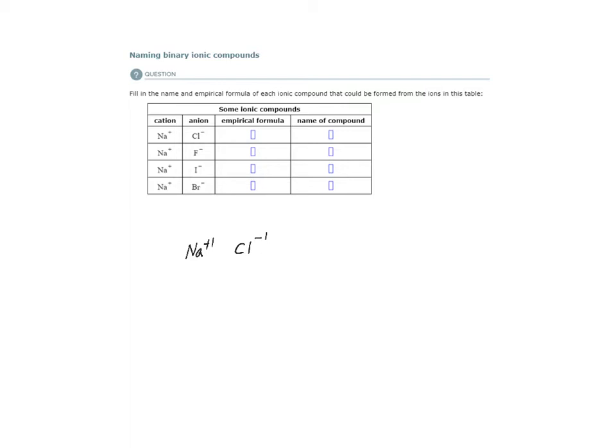If I want to get the empirical formula from this, we can use the crisscross method. The value of the charge, this 1, becomes the subscript for the cation, and the value of the charge of the cation becomes the subscript for the anion.